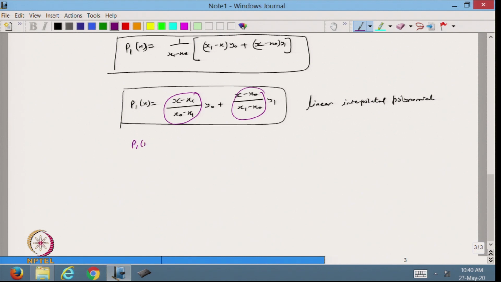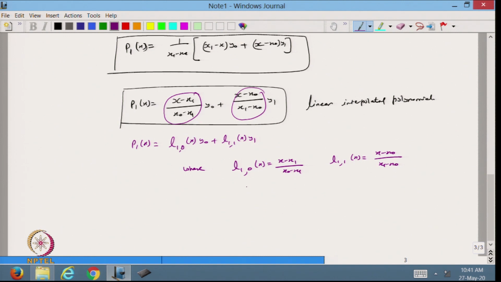So, I can write my expression p1(x) is equal to L10(x) y0 plus L11(x) y1, where L10 is a linear function defined at x0, that is x minus x1 divided by x0 minus x1, and L11 is equal to x minus x0 divided by x1 minus x0.